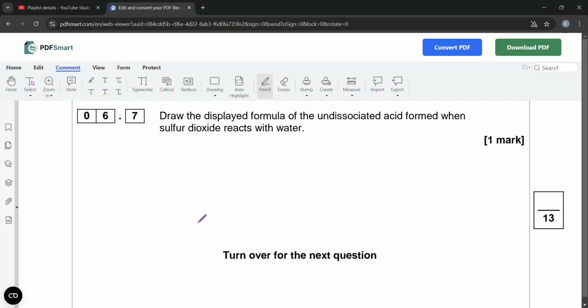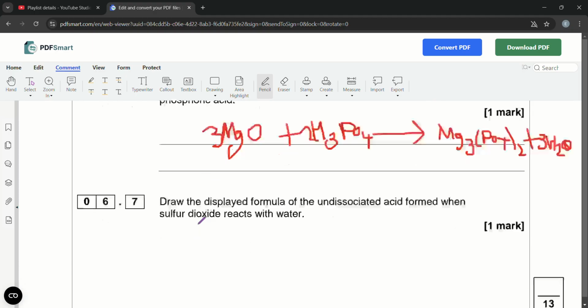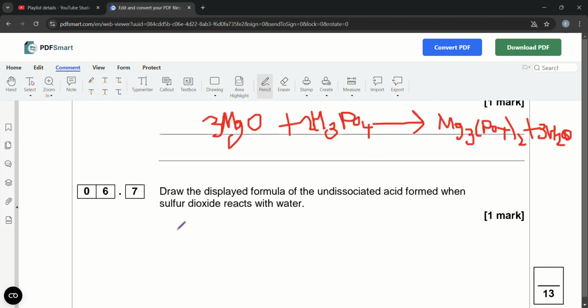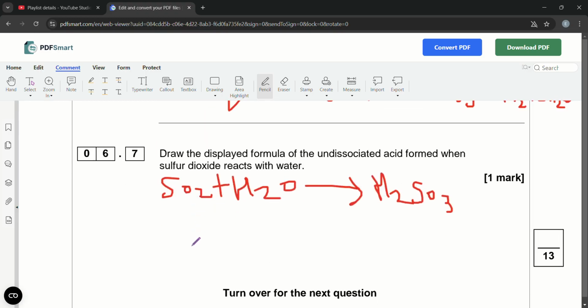And then it says draw the displayed formula of the acid formed when sulfur dioxide reacts with water. When sulfur dioxide reacts with water, SO2 plus H2O to form H2SO3. So the displayed formula, well, let's think about it.